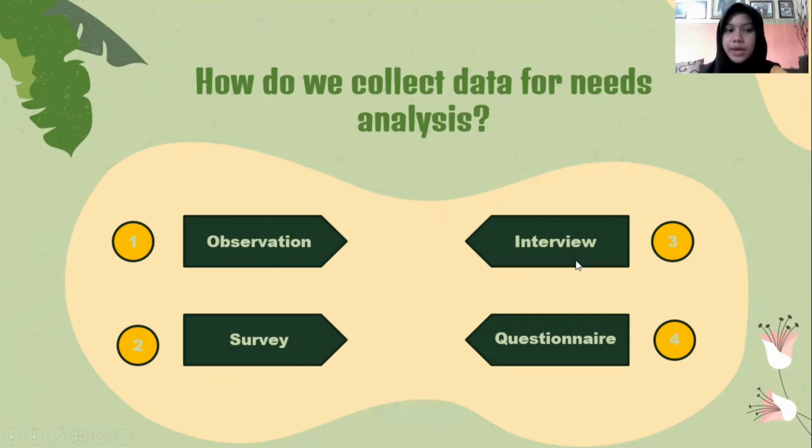Interview is a method of analyzing data by asking questions directly to the respondents. And then the last one is the questionnaire. Questionnaire is a data collection technique by submitting or sending a list of questions to be filled out by the respondents. So these four methods are often used as the main sources of need analysis.